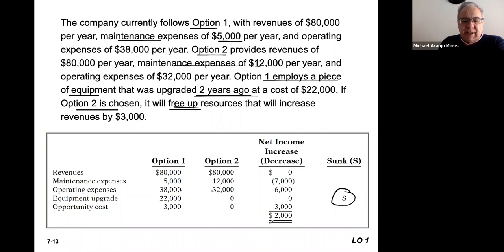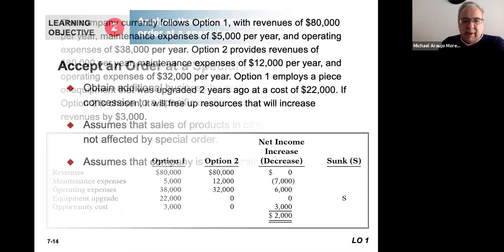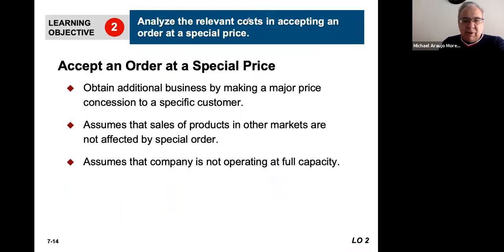So the difference here would be that net income would actually increase by $2,000, which means option two looks like the very best option to go with. So that's learning objective 1 and sort of an introduction to incremental analysis. So I'm going to pause everything and see if we're okay.